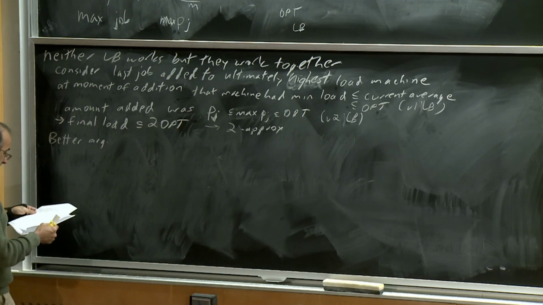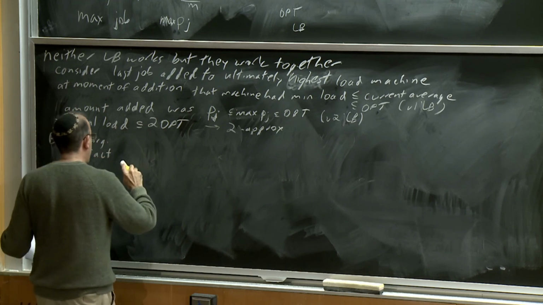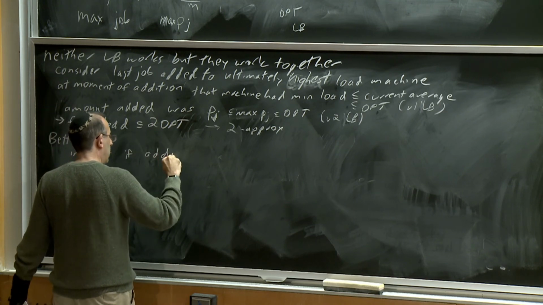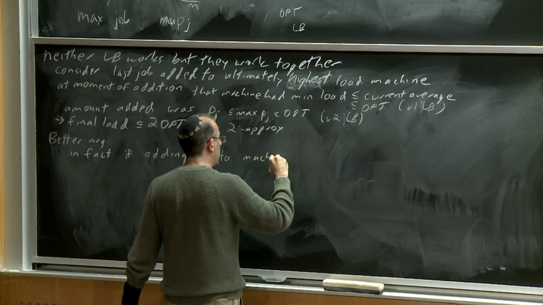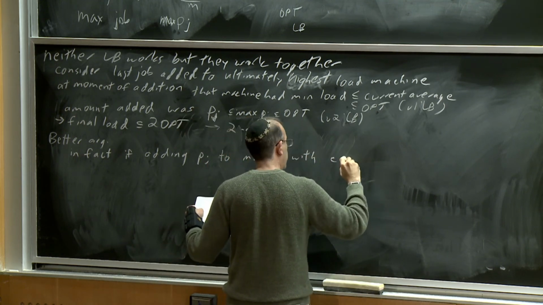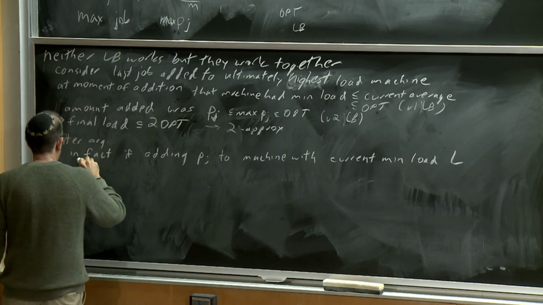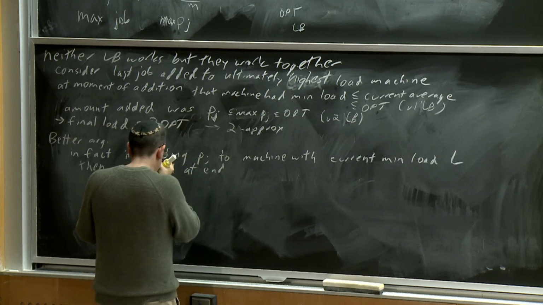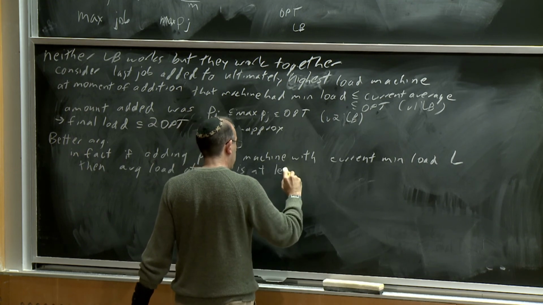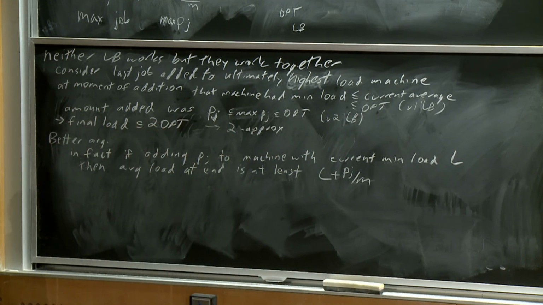So the load on that machine is less than the average from all of the other jobs, right? Not including the job that we're adding. So the better argument is that, in fact, if we're adding this processing time pj to the machine with current min load, which I will call L, then the average load at the end is at least L plus the contribution from the job that we add, which is Pj over M. Okay.